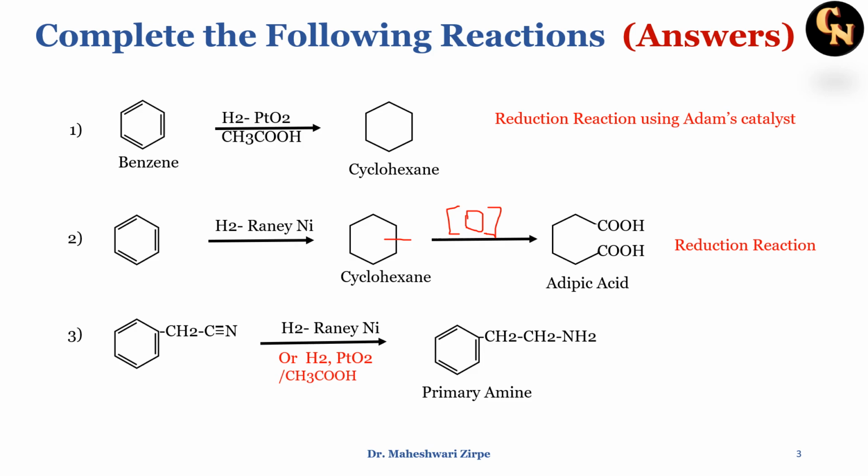One hydrogen will get added on carbon when one pi bond breaks, and the other will go on nitrogen. Similarly, the second pi bond also breaks and we get hydrogen added on either side.